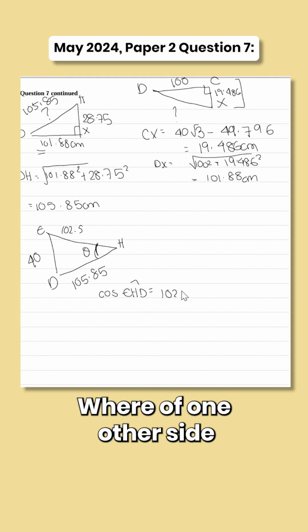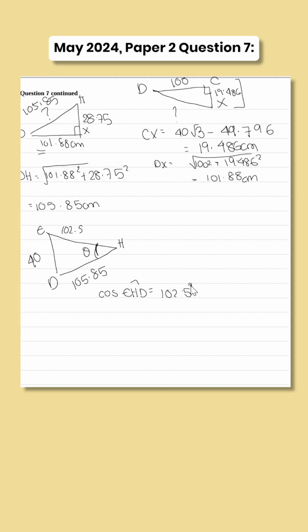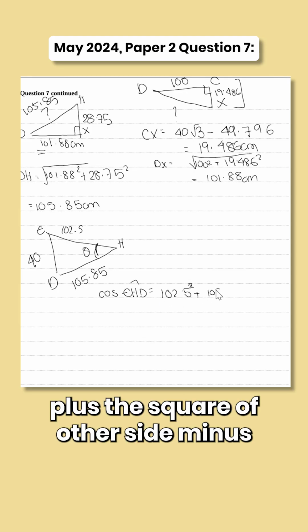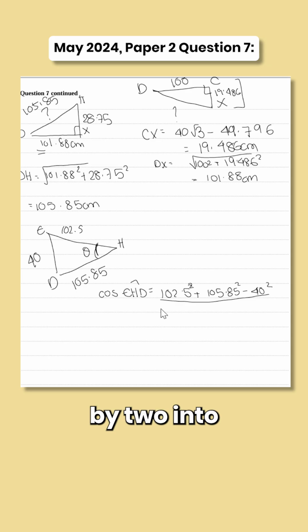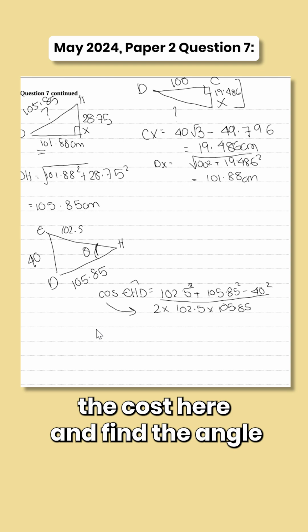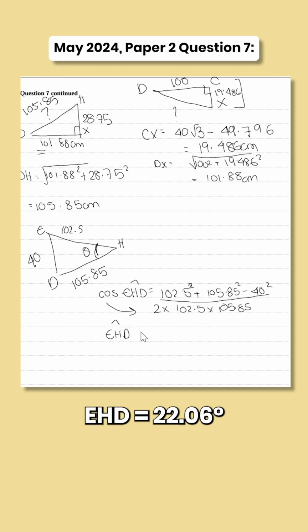Square of one adjacent side plus the square of the other adjacent side minus the square of the opposite side, divided by 2 into the product of the adjacent sides, and then we inverse the cos here and find the angle EHD to be 22.06 degrees.